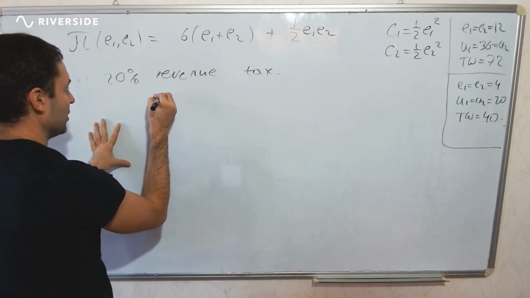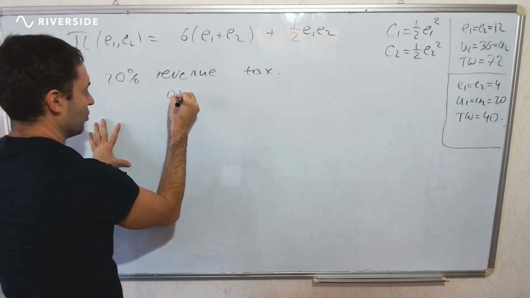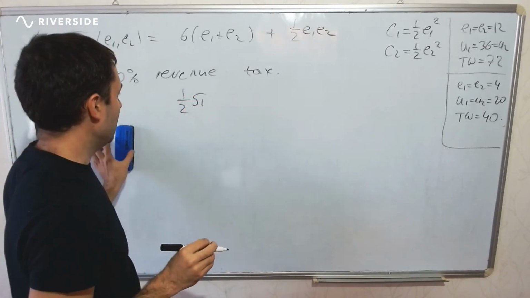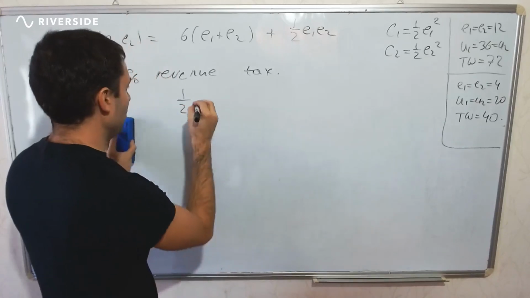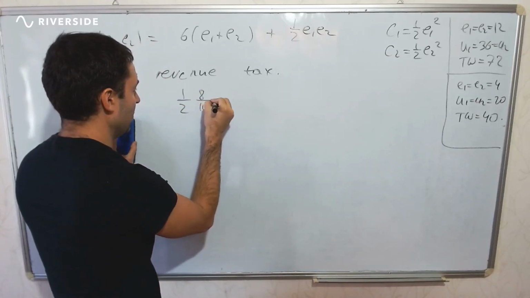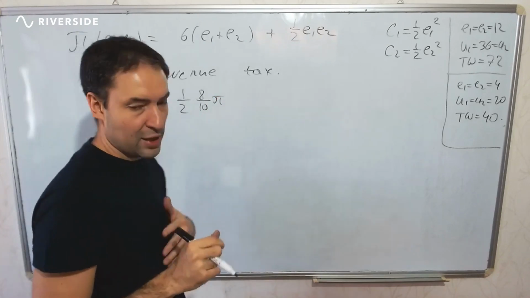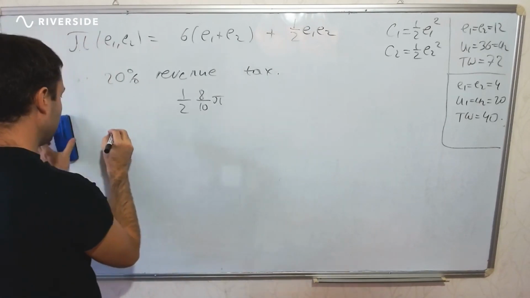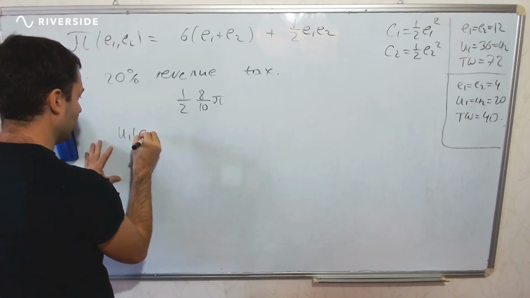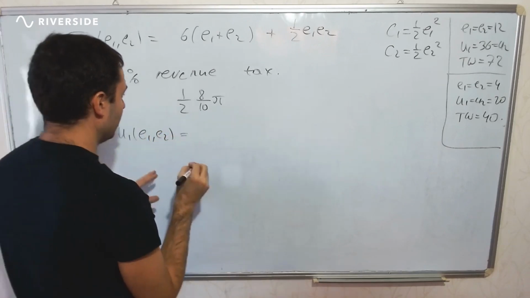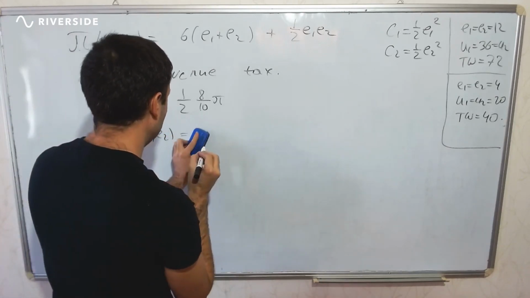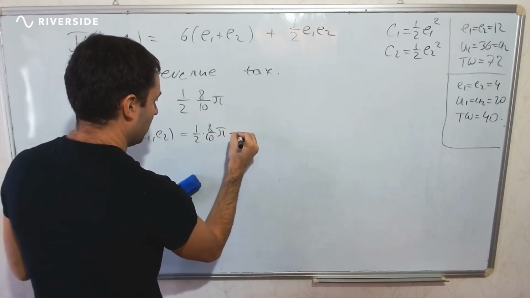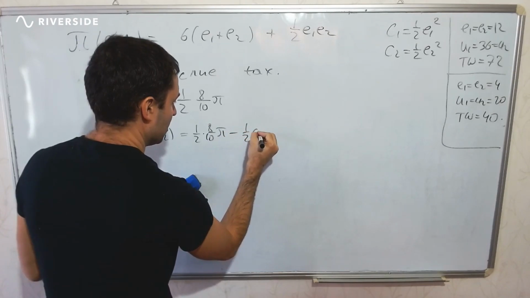So each agent earns only half of the profit, and for this profit, he will actually be only keeping 8 out of 10, so 80% of this. Okay. So now let's set up the new problem. So utility level of agent 1 as a function of 2 input levels will be 1/2 times 8 over 10 E minus his individualized costs.